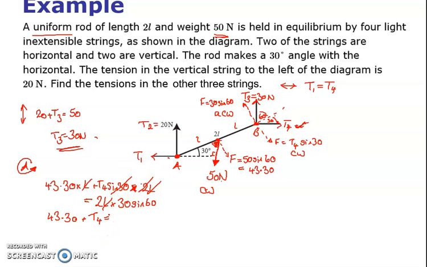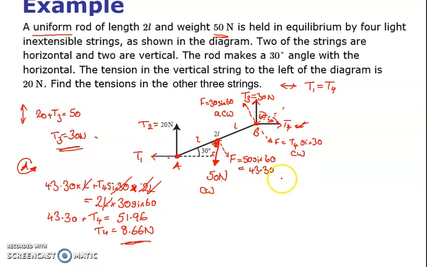And that equals 2 times the 30 times sine 60. I get 51.96. So presumably T4 becomes 51.96 minus the 43.3, and that is 8.66 newtons. So that's my T4.